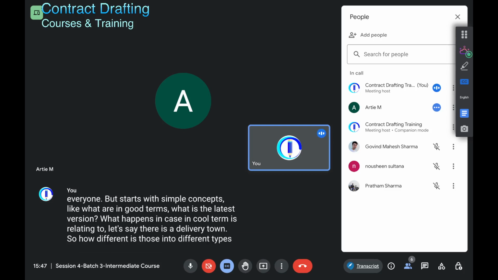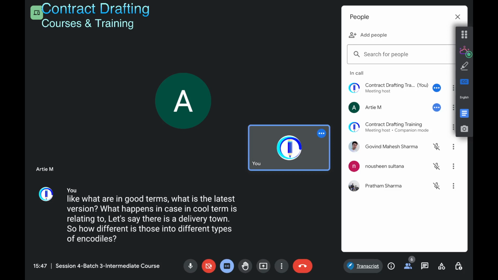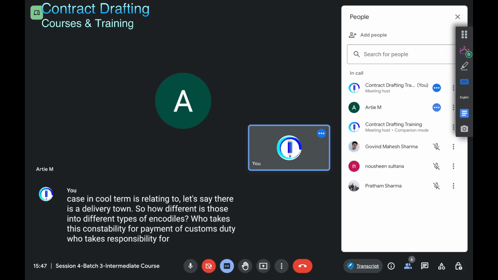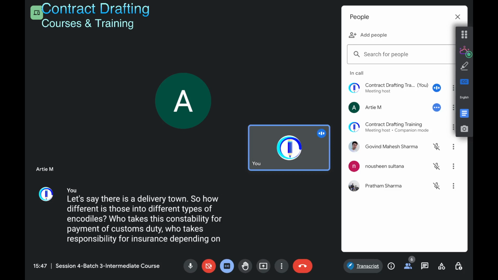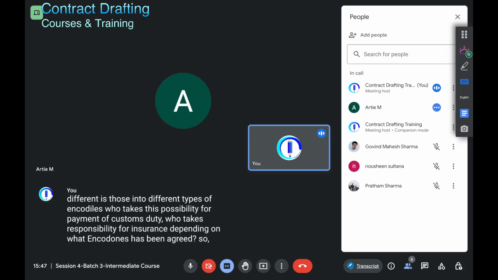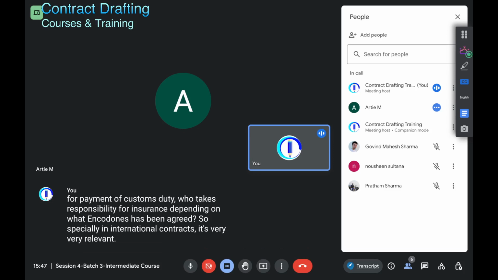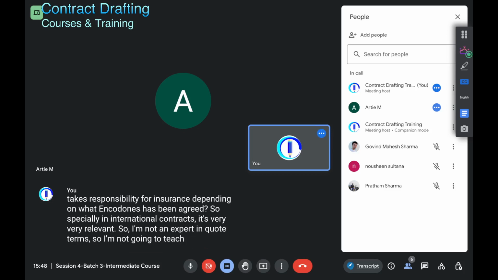Who takes responsibility for payment of customs duty? Who takes responsibility for insurance, depending on what Incoterms has been agreed? So, especially in international contracts, it's very, very relevant. I'm not an expert in Incoterms, so I'm not going to teach that. But yes, you can learn through various sources on Incoterms.